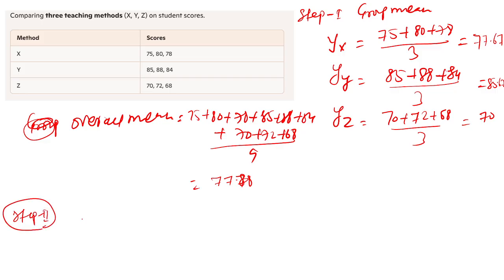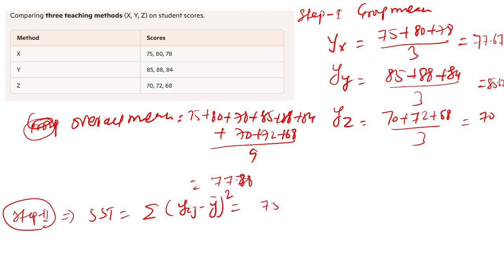To calculate the SST. What is the formula? Summation of Yij minus y bar whole square.